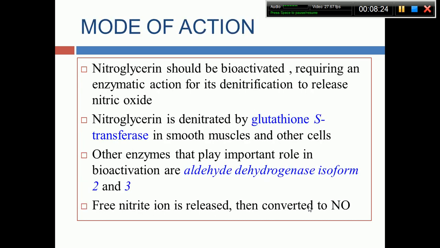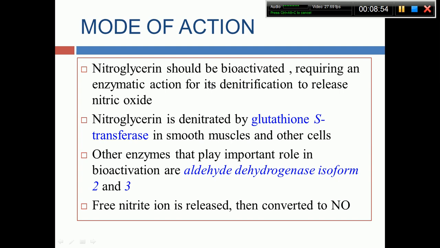Now the mode of action. The first thing in the mechanism of action of the nitrates is that they should be bioactivated. Bioactivated means it's a prodrug. It needs an enzymatic reaction for its denitrification to release nitric oxide. We will see the importance of nitric oxide.